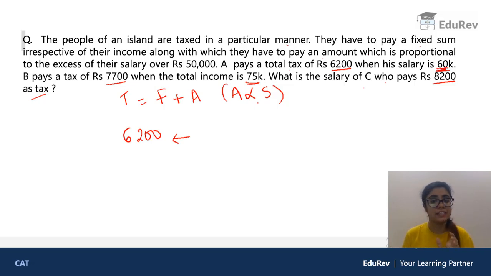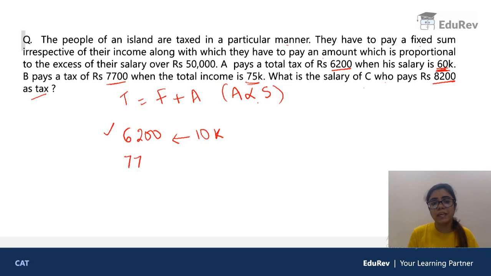So if you talk about A, for 50,000 he had to pay some fixed money. So the extra tax was charged on 10,000, or 10k. So if you're getting 10k extra, you have to pay 6,200.